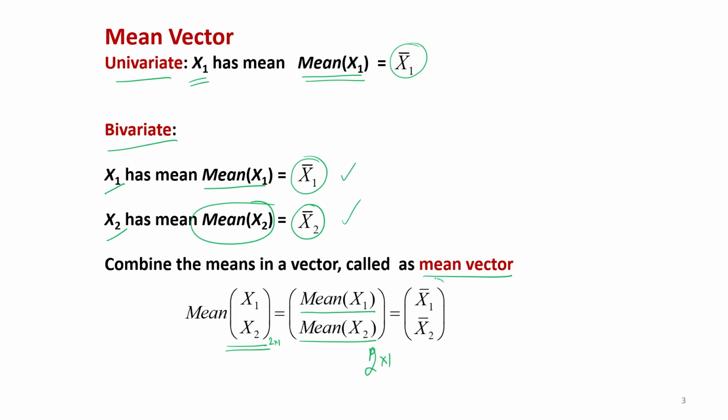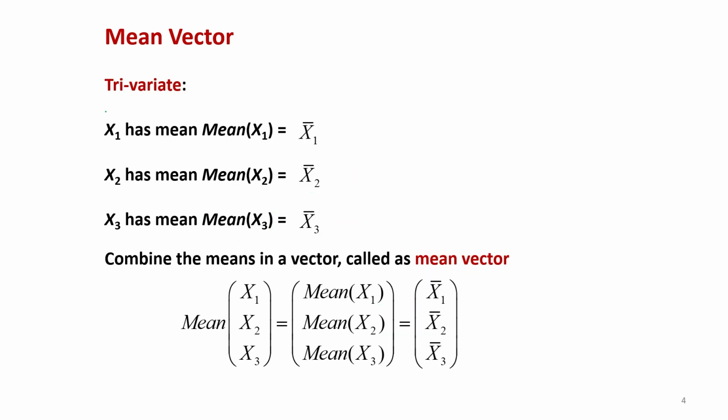So, this is now my mean vector of x bar 1 and x bar 2, which is of order 2 cross 1, right. This is the concept of the mean vector, that all the mean values are arranged in a vector, and this comes from the concept of vectors and matrix theory.